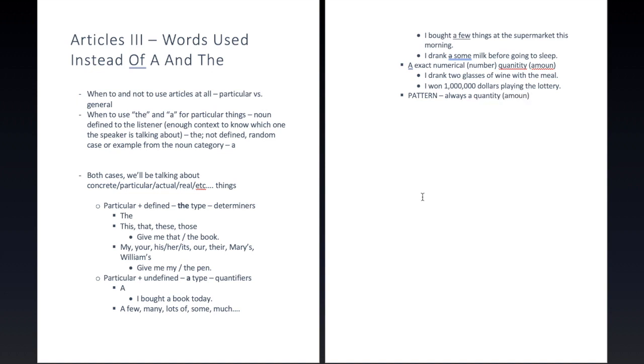Whenever we talk about something that is particular and undefined, we give it a quantity and amount. And even the word a here, what does a actually mean? A equals 1. And so that is also a quantity. A means 1. Quantity, few, many, some, a lot, much. Also quantities, exact numbers, also quantity.